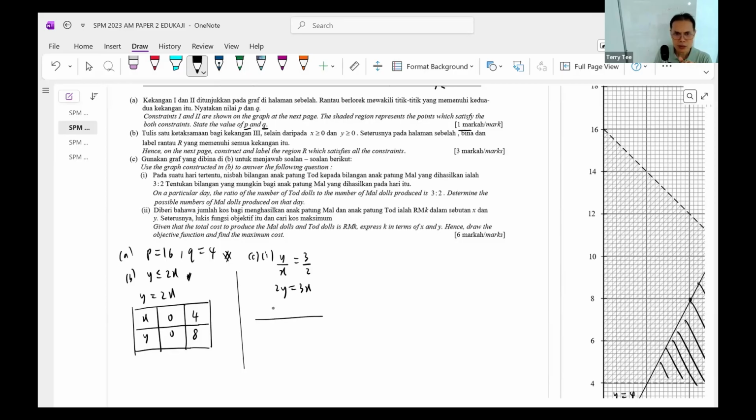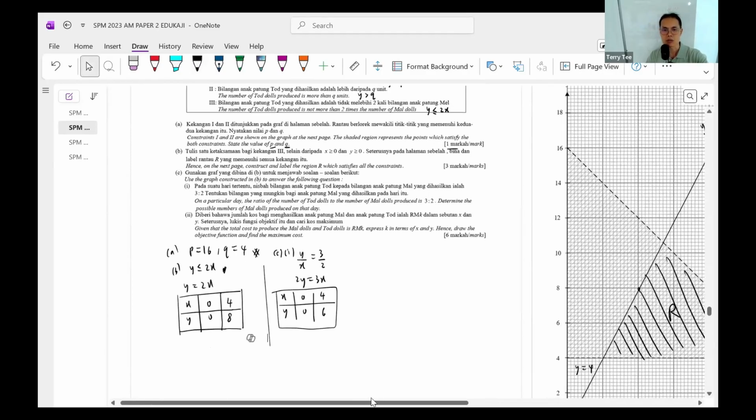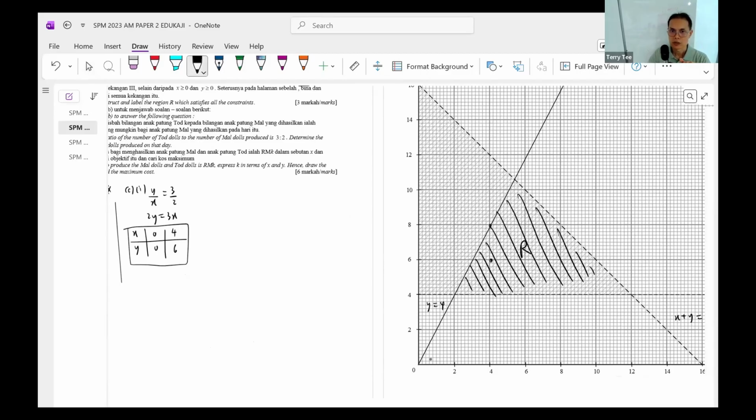So again, we need to use a table to draw the graph. x 0, y 0, another one. Maybe I use x equals, take an even number, 4. y will be what? 6. Am I right? 0, 0, 4, 6. So where is 4, 6? Let's draw.